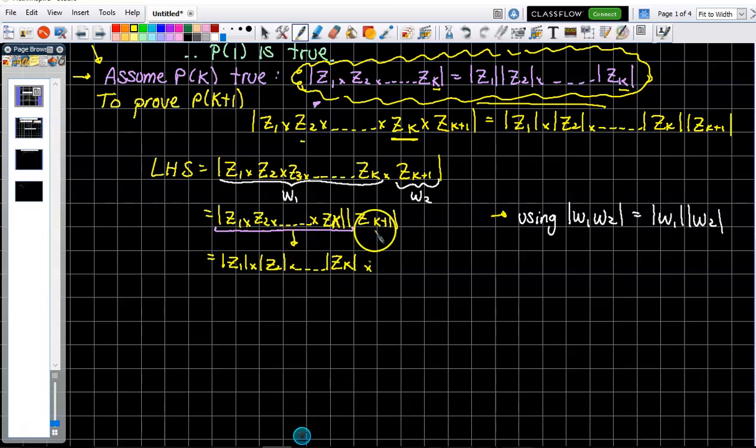But then we were also saying times Zk plus 1. And correct me if I'm wrong, but that is the right-hand side. What have I forgotten to put? Good. That's what told us to do it in the first place, using P of k plus 1 and using Pk. Lovely. So therefore, Pk plus 1 is true.